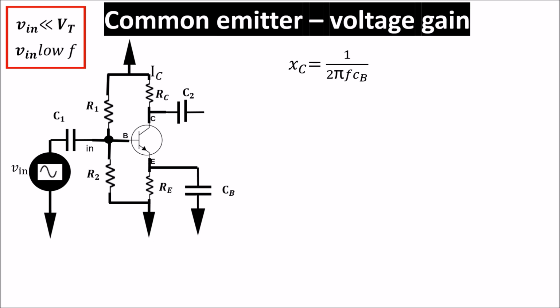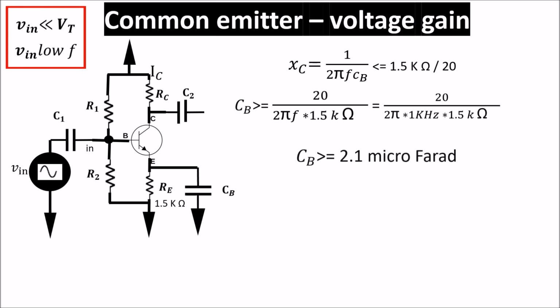If, for example, Re is 1.5 kilo ohms and the working frequency is 1 kilohertz, I want Xc at least 20 times less than Re. So the capacitor value has to be more than 2.1 microfarad. In this way, we can easily bypass the emitter resistor, leaving it only for biasing purpose.